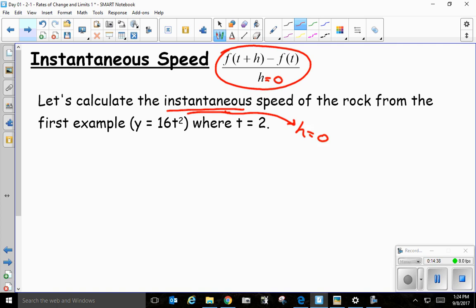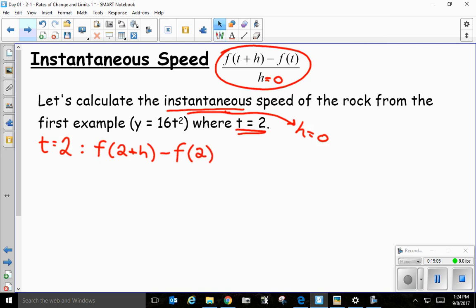So this is what we're going to do. I know time is 2, don't I? So, when t equals 2, I'm going to take my function and have 2 plus h. I'm going to put a 2 plus h in the function. Then I'm going to subtract the function with just a 2 in it, because that's my t.